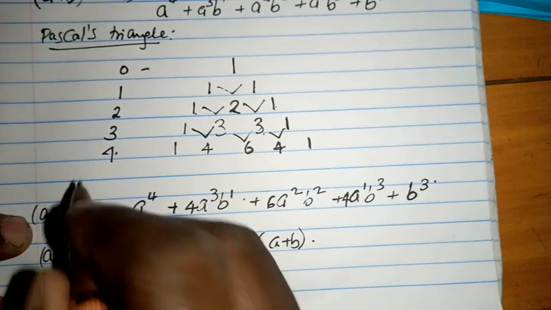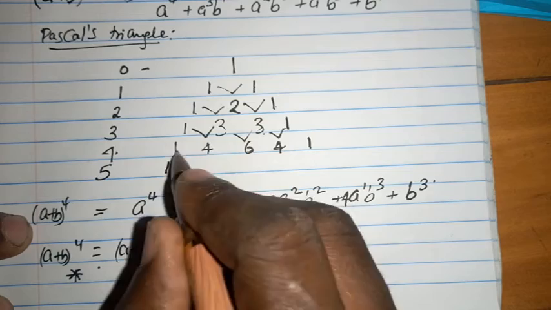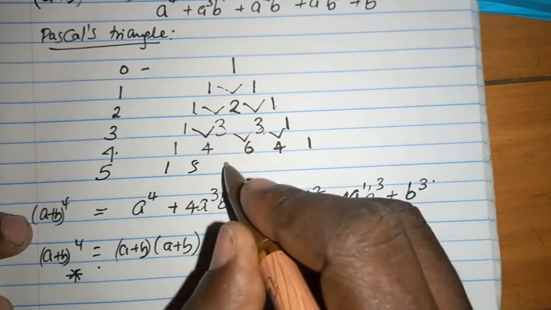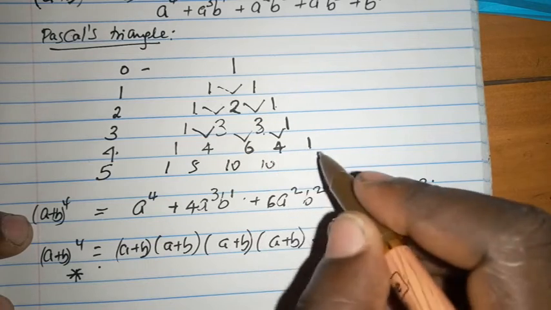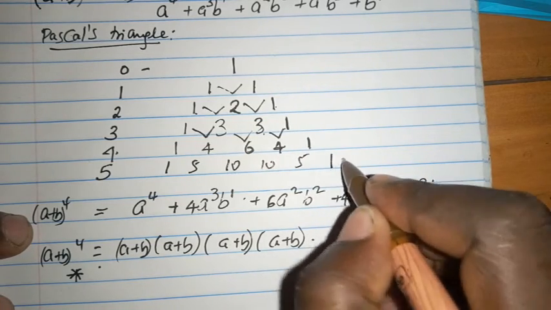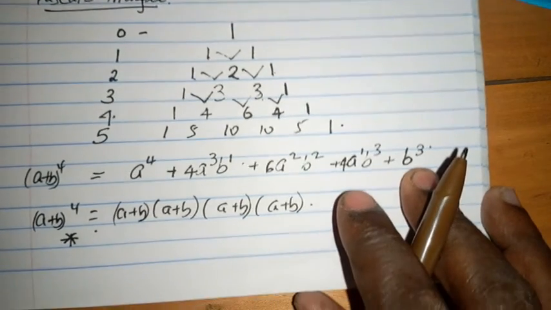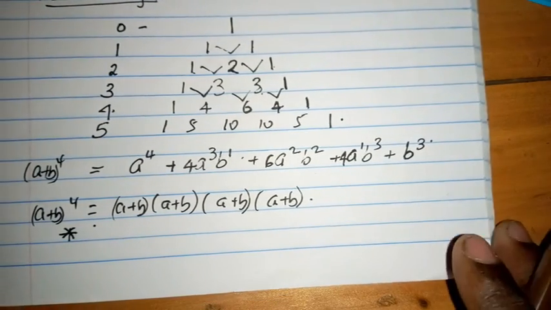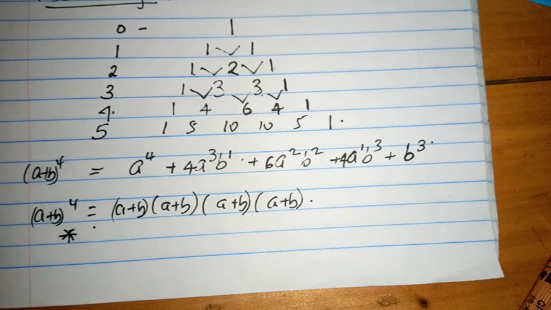So even if you are supposed to expand to power 5, it will still be 1, 1 plus 4, 5, 4 plus 6, 10, 6 plus 4, 10, 4 plus 1, 5, and of course we end with 1. It's just how easily we have obtained that. So be on the lookout even as I introduce the very first example in this. All right.